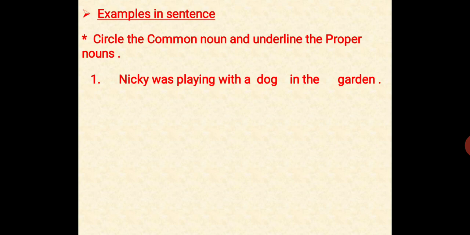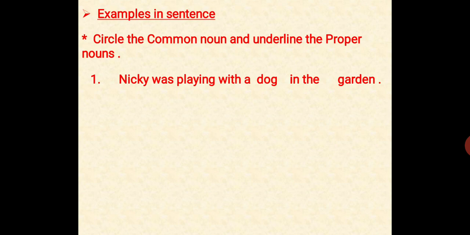So what can we do? We have to read again the heading: circle the common noun and underline the proper noun. Means whatever proper noun is in the sentence, we have to underline them, and whatever common nouns are in the sentence, we have to circle them.